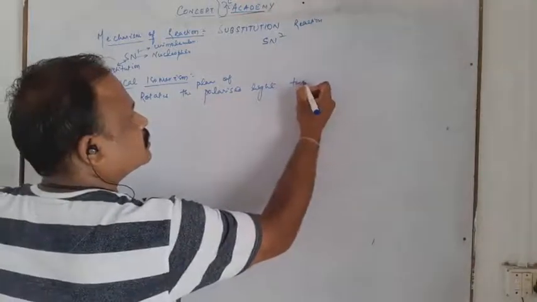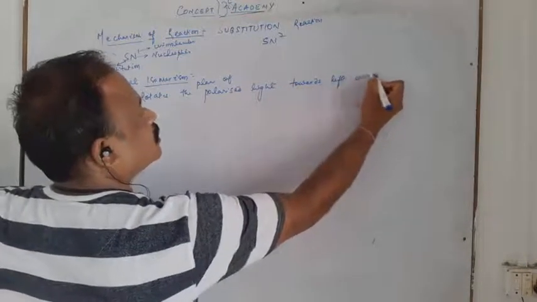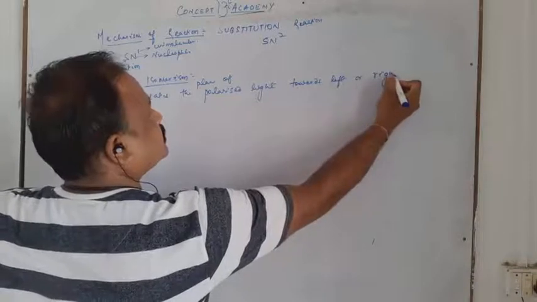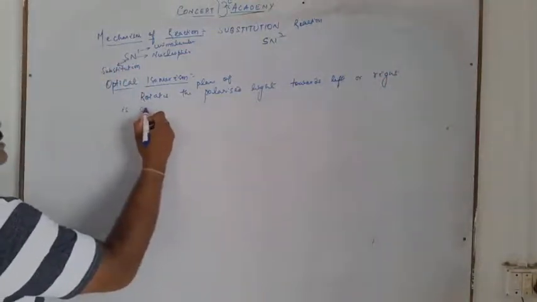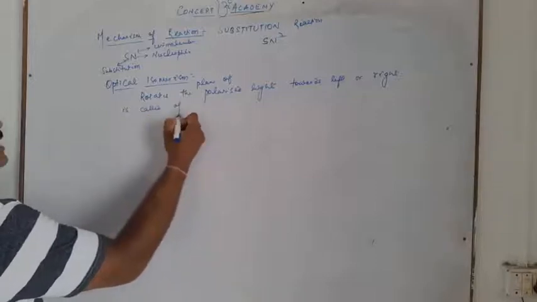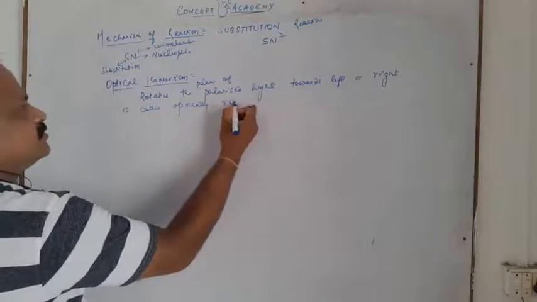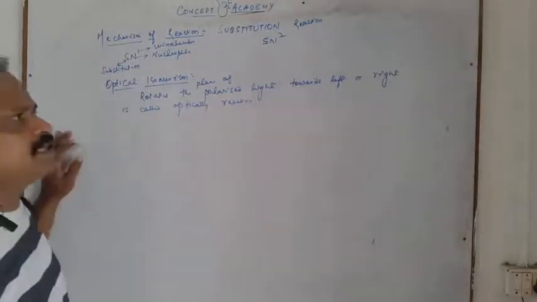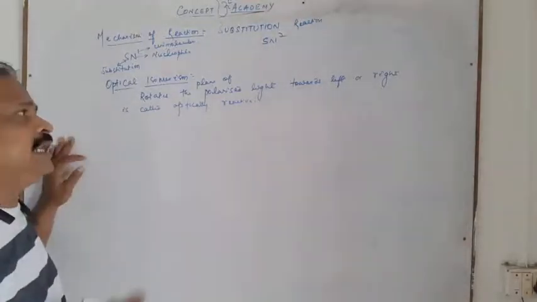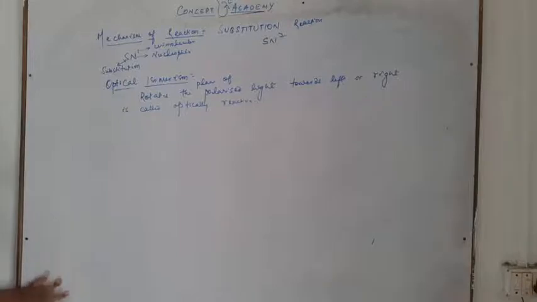When a compound rotates the plane of polarized light towards left or right, then it is called optically active.